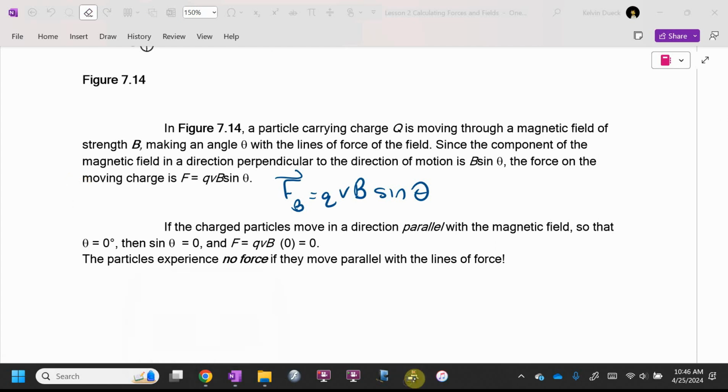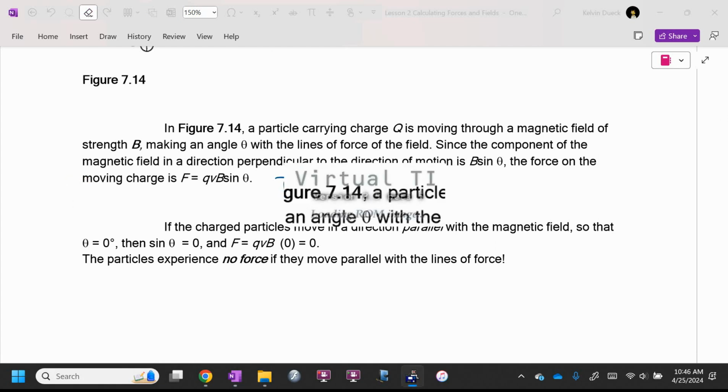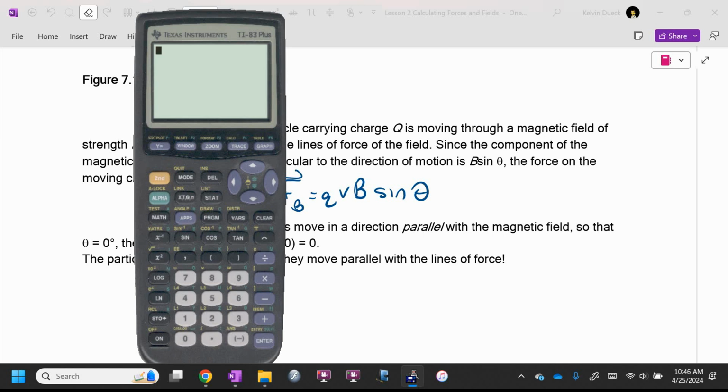If the velocity and the magnetic field are parallel, what would the angle theta between them be exactly as a number? 0. What's the sine of 0 on your calculator? Is it 0? Yeah, no force. If they're at right angles, what would the angle be exactly as a number? Would the sine of 90 be 1?